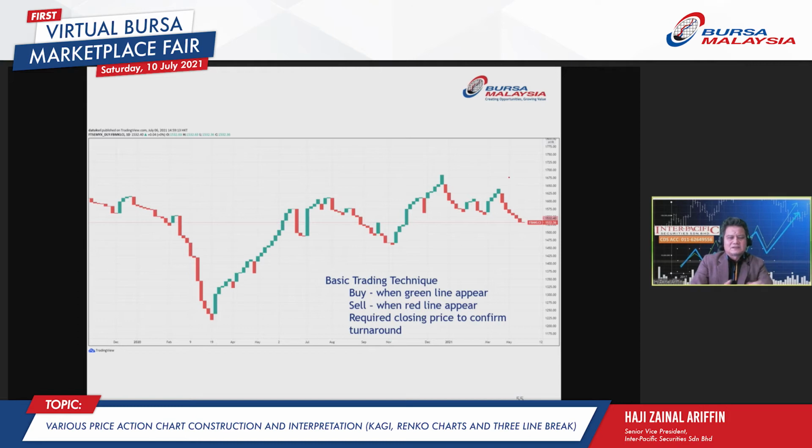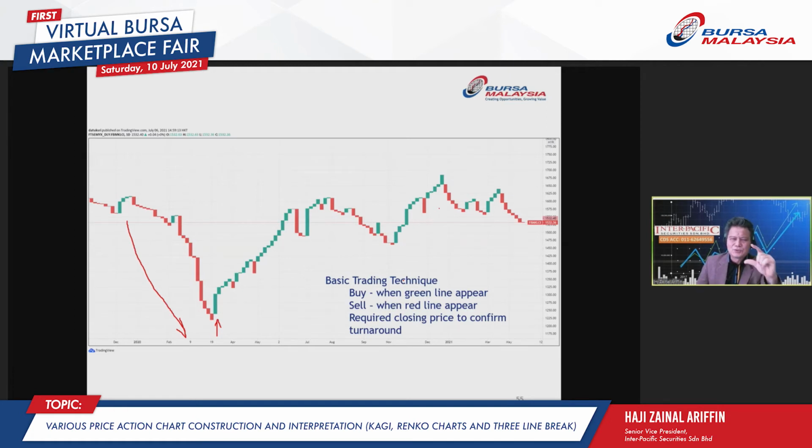One is to buy when the green line appears. For example, like here, the price comes down, all the way down, and there is a new green brick appearing.